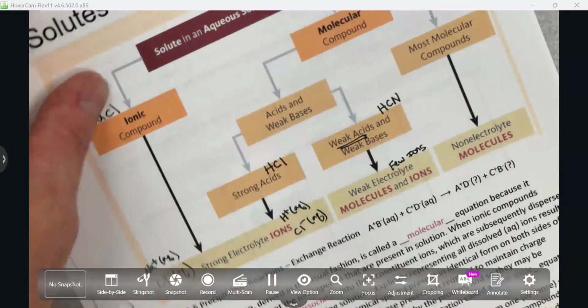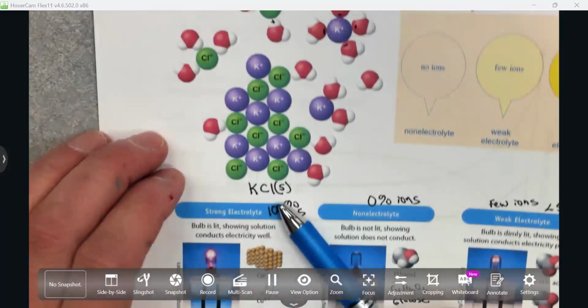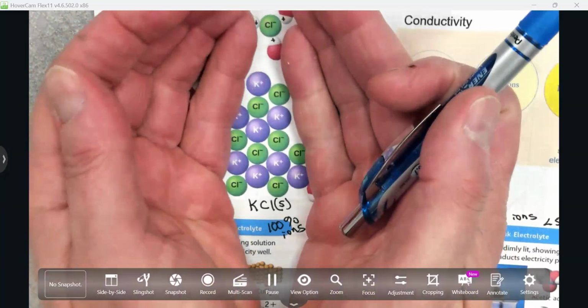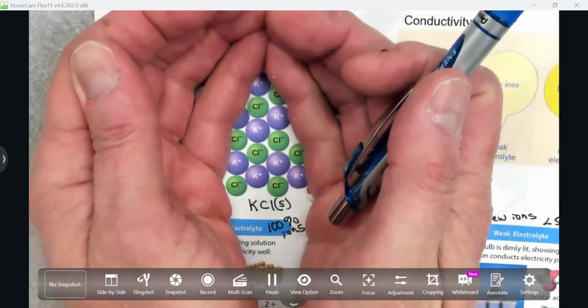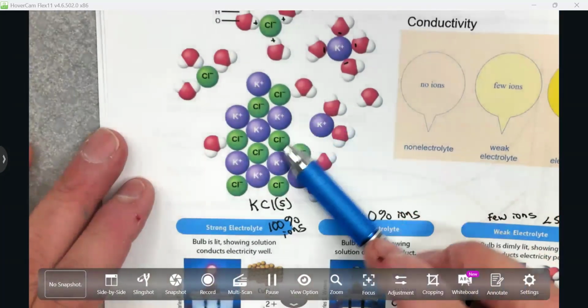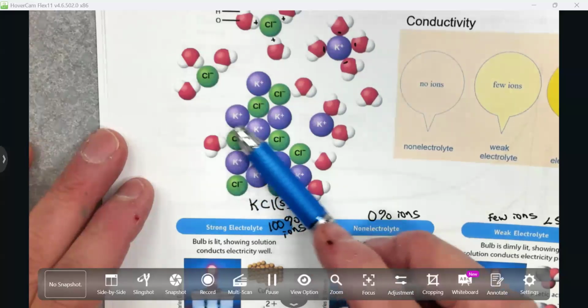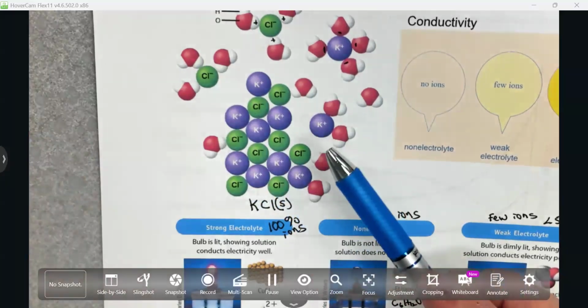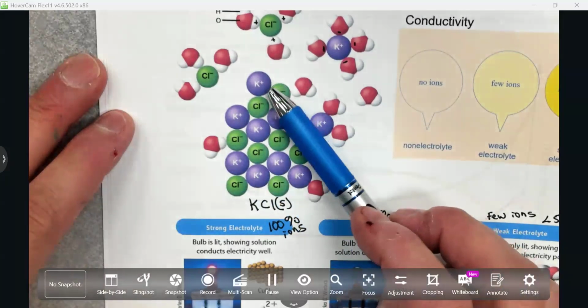So if we take a salt, in this case potassium chloride, this is my solid. We know that water is going to come in, that water's moving, and that will shake these apart.